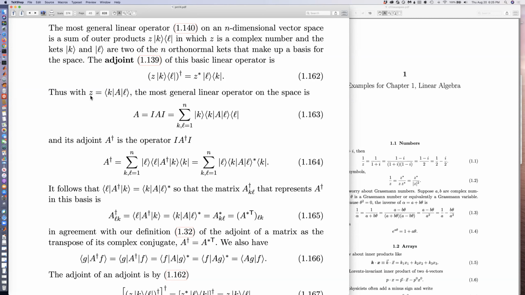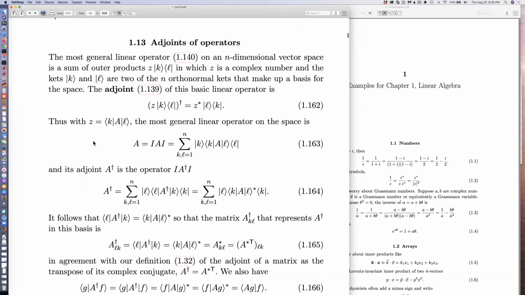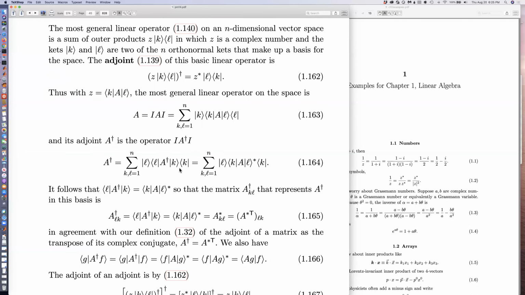Let's take an arbitrary linear operator and multiply it by the identity operator on both sides. We get this expression. Its adjoint is the identity operator, A adjoint, identity, and so we get these two expressions. We learned earlier that bra L A dagger ket K is bra K A ket L, complex conjugate.